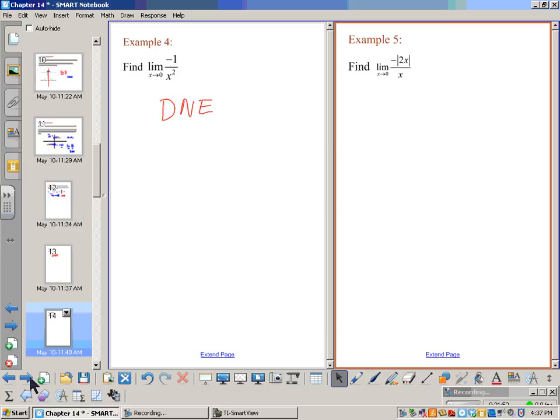All right, and here we go. Another example. And we're going to take a look at this one on the graph.